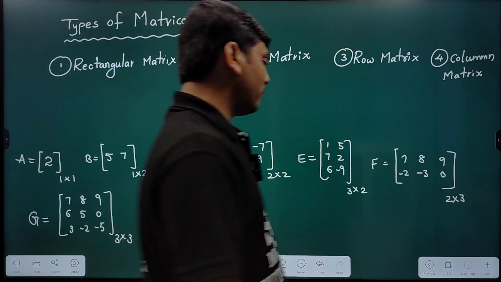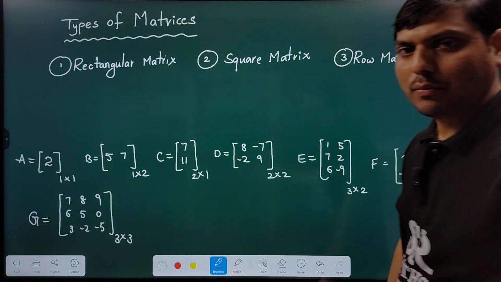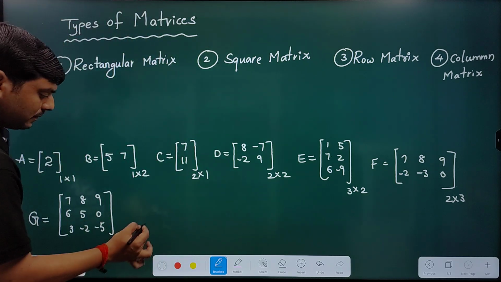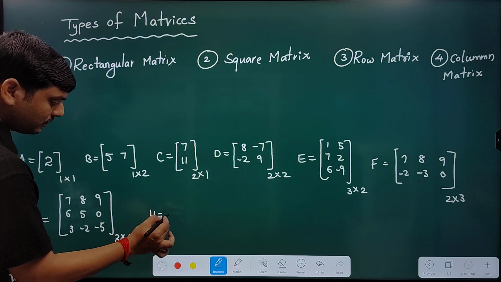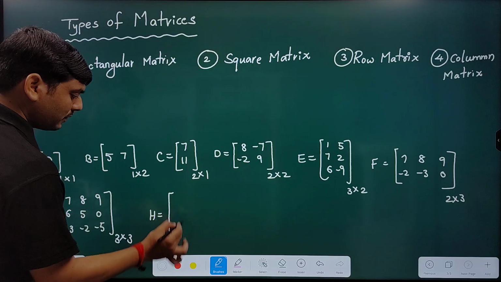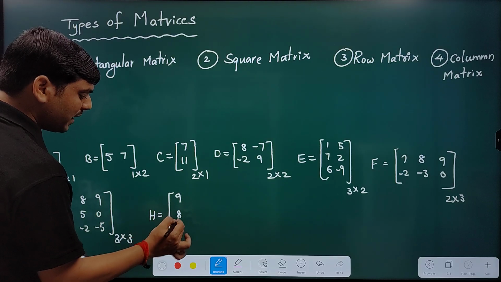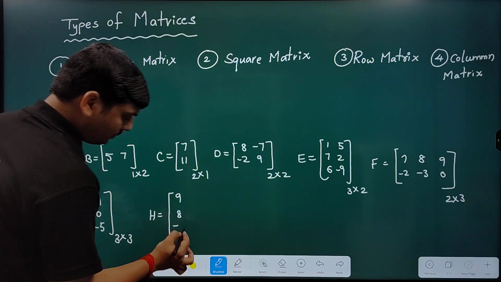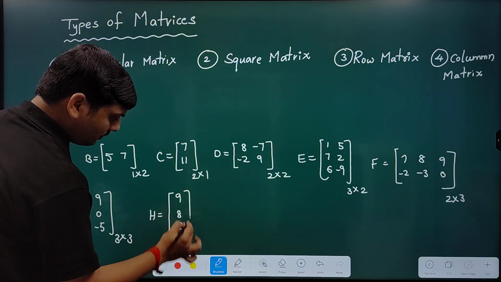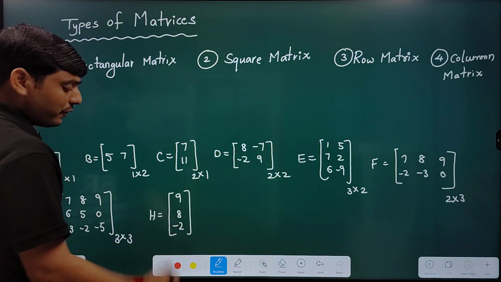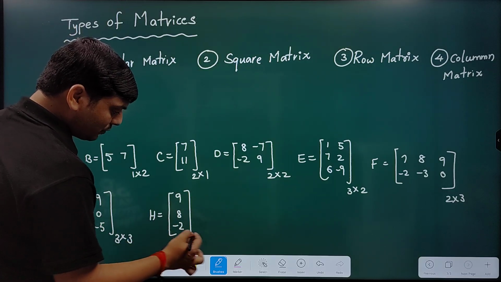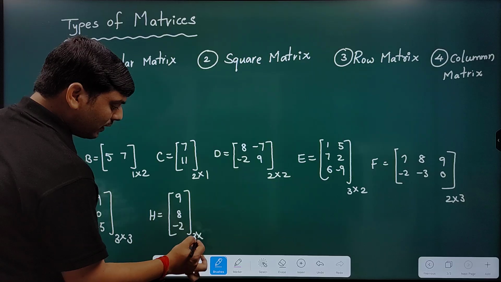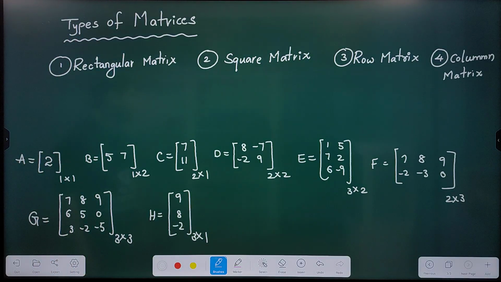Now, listen carefully, students. I am taking two more matrices. Capital H matrix: 9, 8, minus 2. The order of H matrix is 3 rows and only 1 column, 3 by 1.